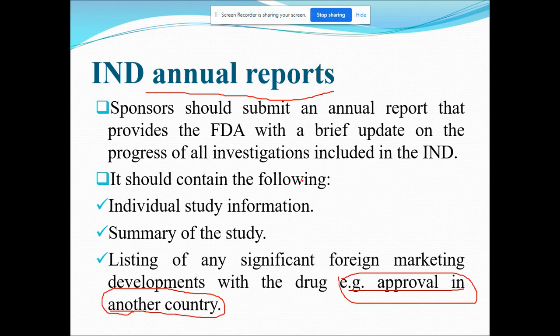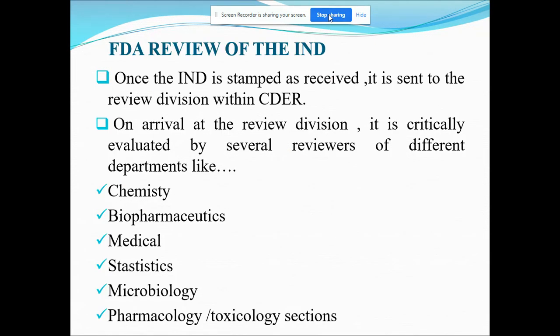It is one kind of progress report, एक प्रकाराचा progress report आहे, in order to keep the FDA updated with the knowledge of our clinical studies, of our investigational studies. Okay, student. So, student, hoping that you understand this particular point, I'm going to stop here. Thank you, student. Thank you very much.